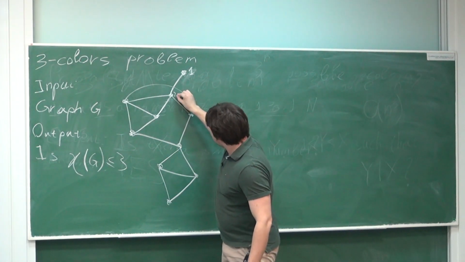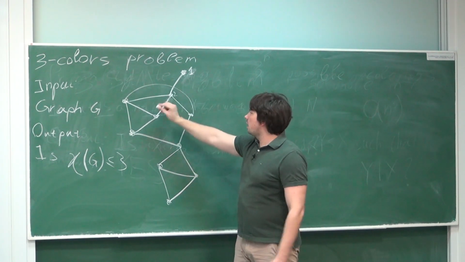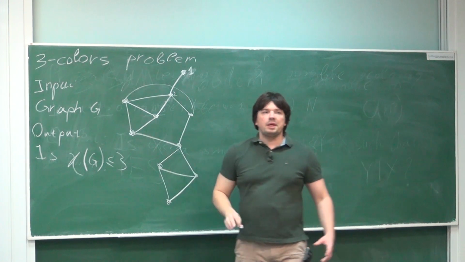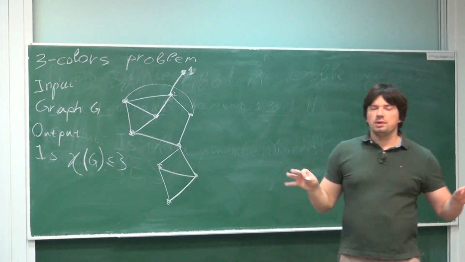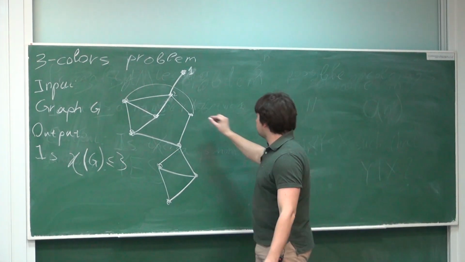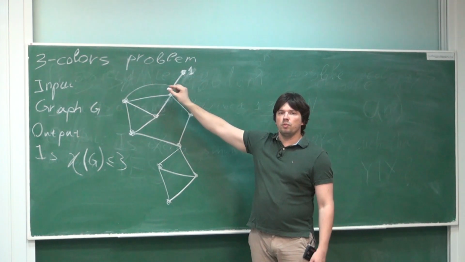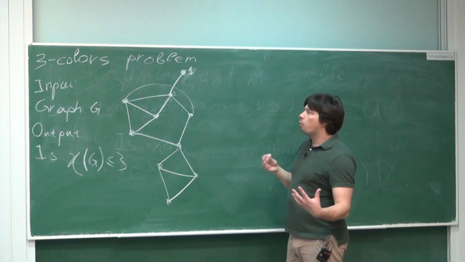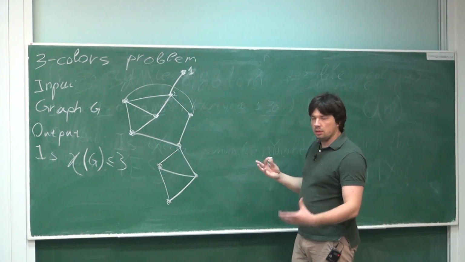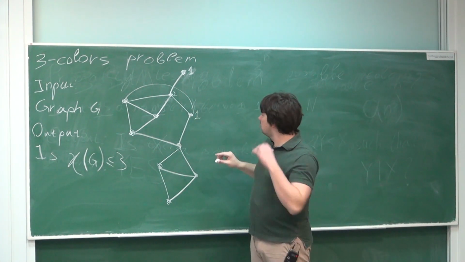Let's try 2 first, right? And then we can check again any node that has any neighbor that is already colored. So we can take this one. It already has a neighbor with a color 2, so it can be 1 or 3. So, well, let's check 1 first.